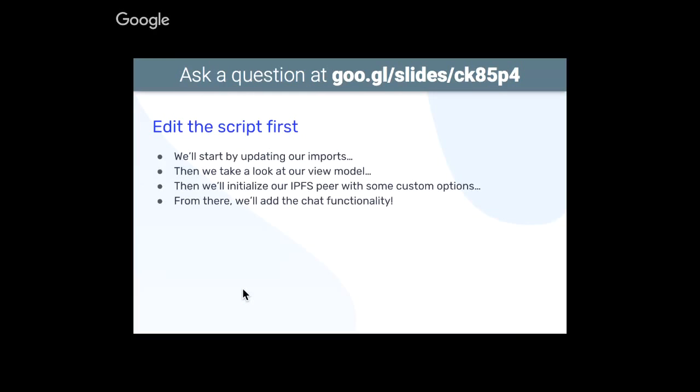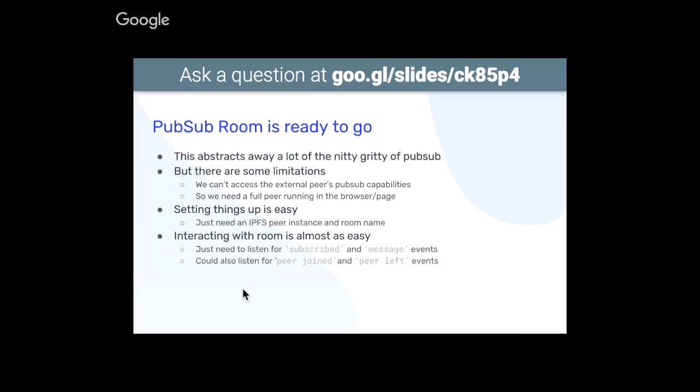Then we'll start to add the chat functionality. We'll skip to this next one here, and we'll use pub/sub room to start to interact with a pub/sub framework. The pub/sub room module essentially abstracts away a lot of the nitty-gritty issues of actually publishing and subscribing to messages.